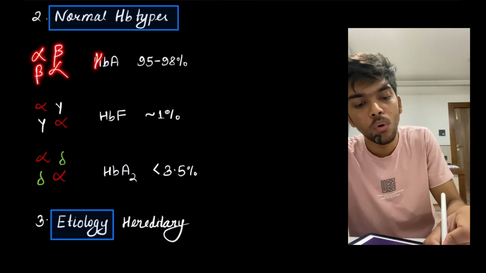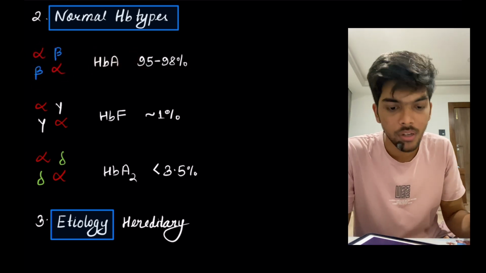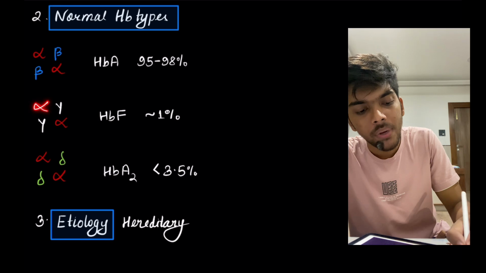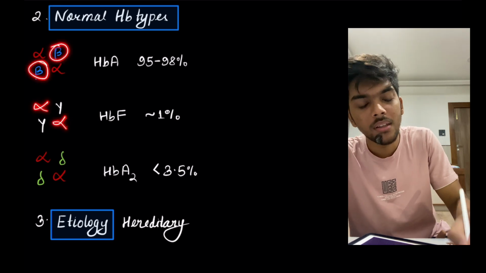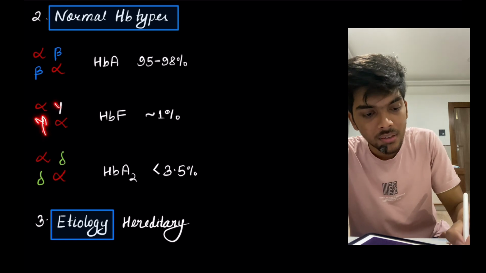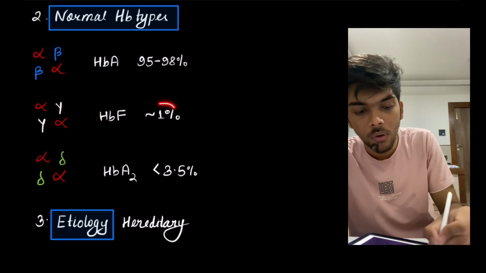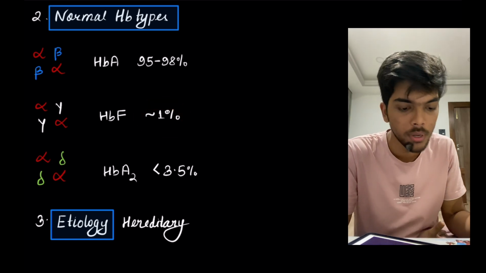This is hemoglobin A, found 95 to 98% in the human body. But instead of beta chain, there might also be gamma chain. This forms hemoglobin F, which is the fetal hemoglobin, found at around 1% in the human body.